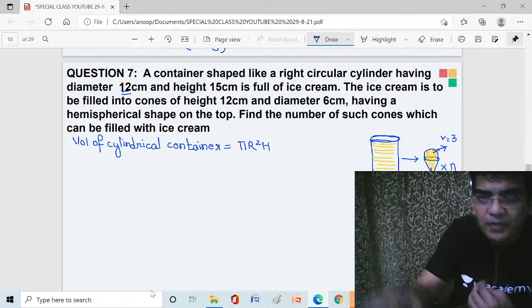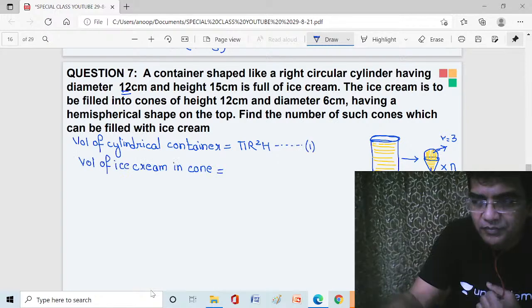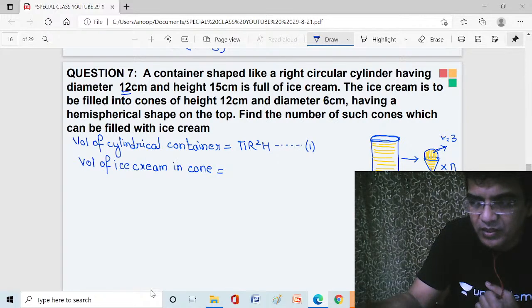You will have to consider both, remember, not one, but both of them. So you will write the volume of the conical portion first. So this is 1 upon 3 pi r square h, plus there is a hemispherical portion also. So 2 by 3 pi r cube.